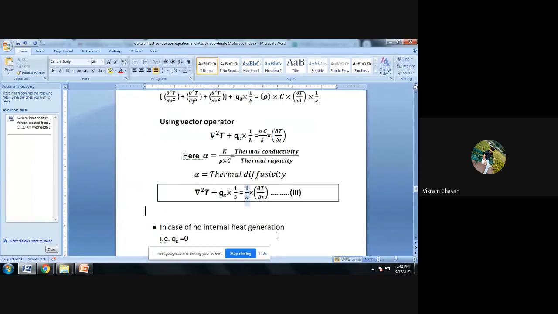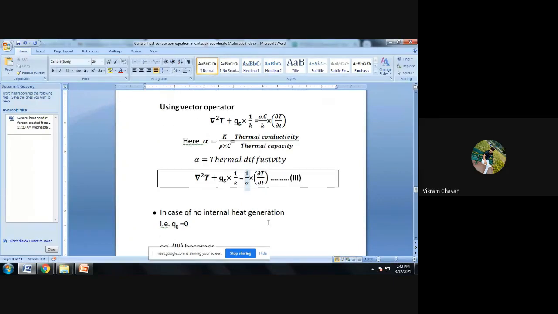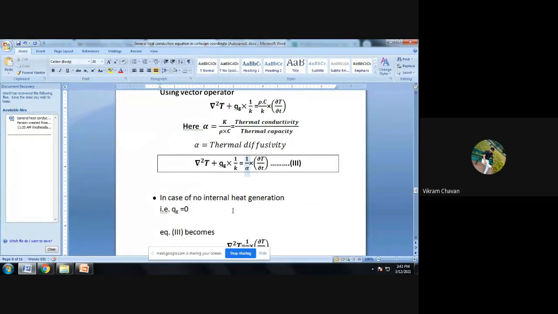Further we discussed one more form of the general heat conduction equation. In that case we considered that there is no internal heat generation in the element. If an element of a wall or any substance is not generating heat while we study that object, what equation do we need to apply to carry out the energy balance for heat conduction?